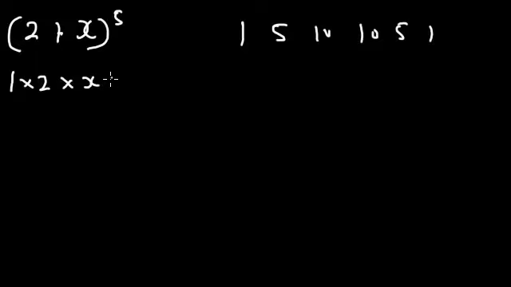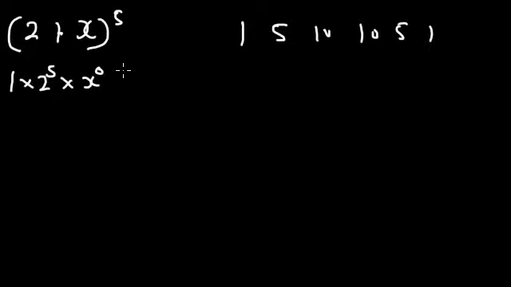Now the next thing is that you take the exponent you are seeing right here and assign it to the first term, which is 2, in this case 2 raised to the power 5. Now for this other one, its exponent will be 0. So the logic is that this one will be decreasing by 1 and this one will be increasing by 1 as we are moving forward, in terms of the coefficient we are selecting.